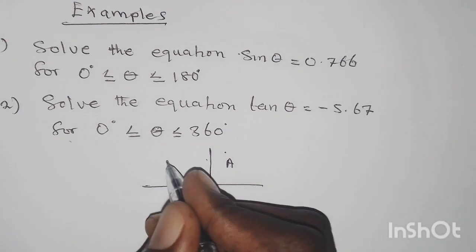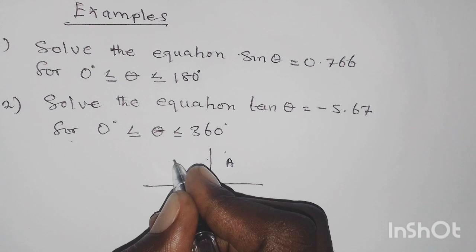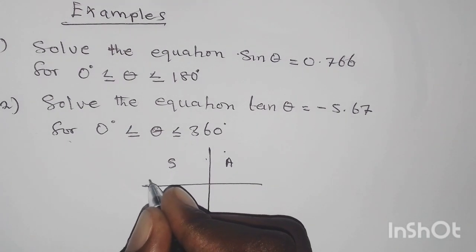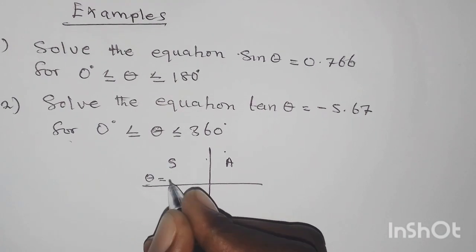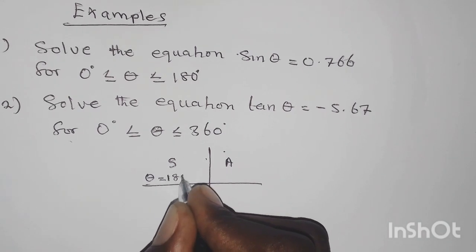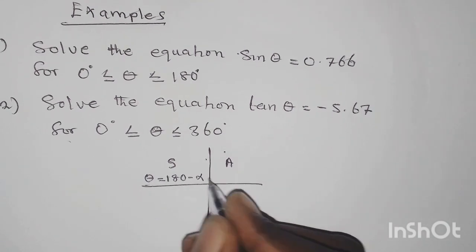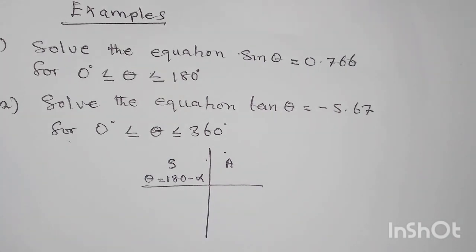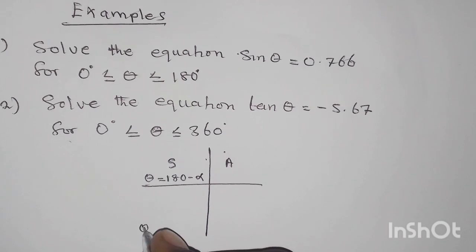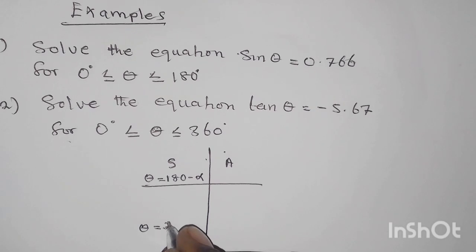Then in the second quadrant, where we have sine, the equation will be theta equals 180 minus the reference angle. Then in the third quadrant, theta will be equal to the reference angle plus 180.